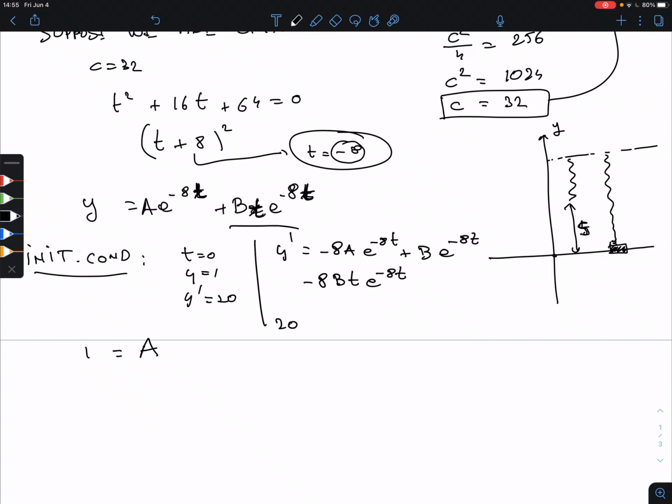And what we get is, if I plug in 0, minus 8a plus b, and then this term disappears. Okay, so a was 1, so 20 is minus 8 plus b, so b is 28. So we see that y is equal to e to the minus 8t plus 28t e to the minus 8t.